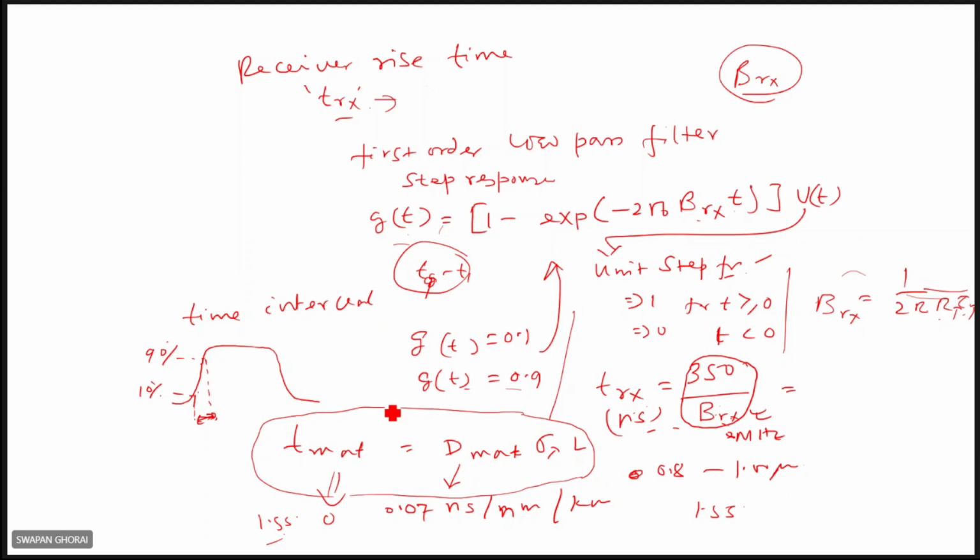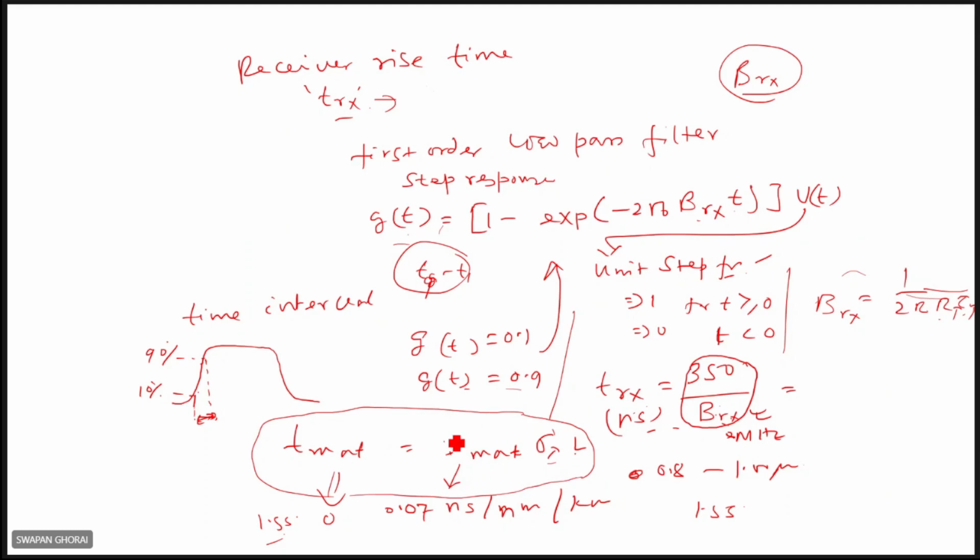Next, the modal dispersion rise time. We have seen these material dispersion expressions, that is D material, d2n upon d lambda 2, times sigma lambda, which is the spectral width, times L. This expression we have seen earlier in material dispersion, as pulse broadening.